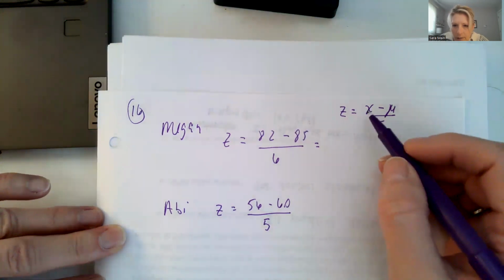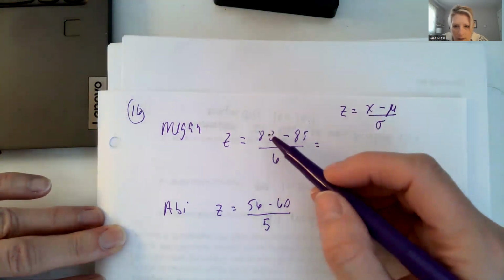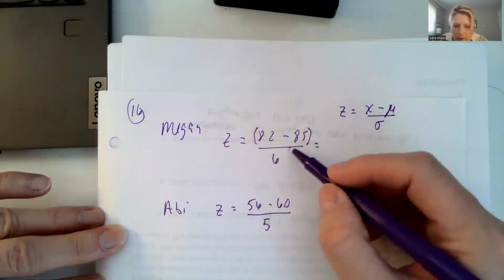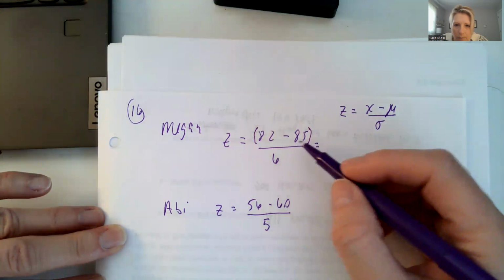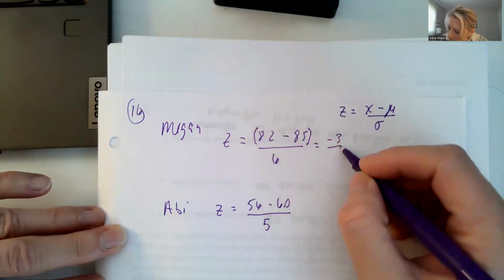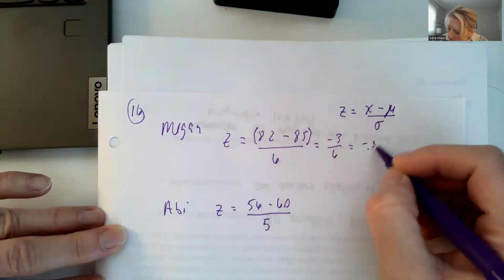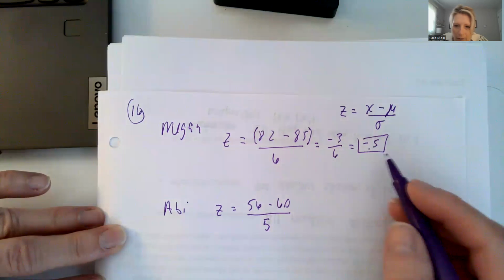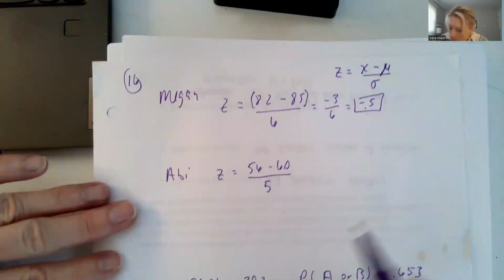So you're taking your observation, that would be Megan's test score, and you're subtracting the average, and make sure that this is done first, and then you divide by 6. Make sure that that's in parentheses. So this would be a -3 over 6 is a -0.5. So she scored under the average by a half of standard deviation.